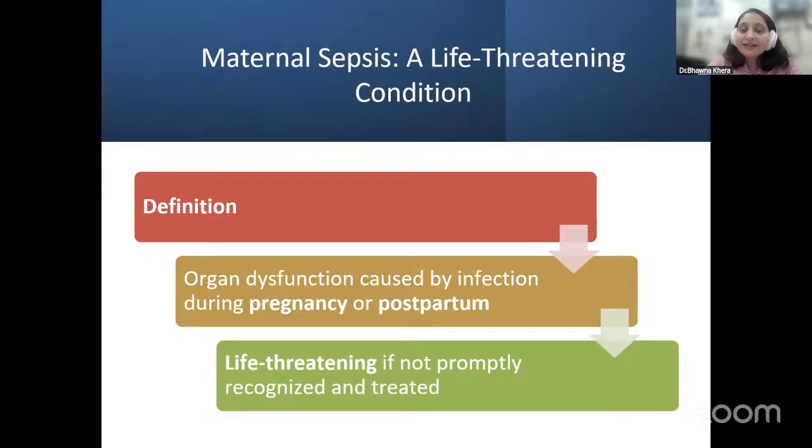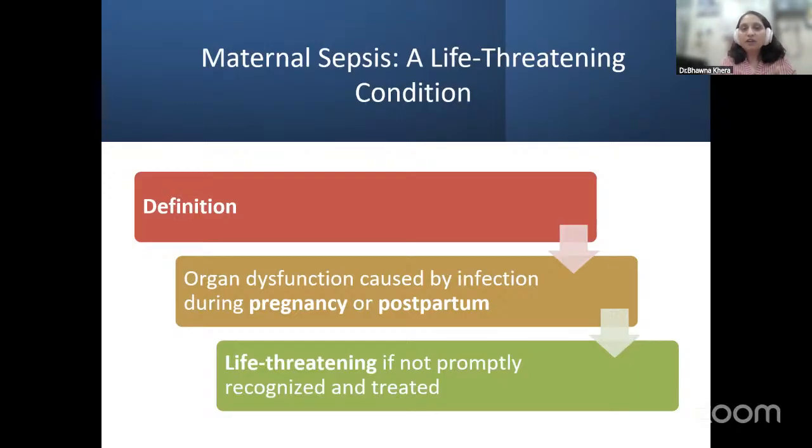It is life-threatening if not promptly recognized and treated. So the main theme of all of the guidelines is probably: think sepsis. Think about sepsis so that you recognize it at the earliest and it can be treated at the earliest too.